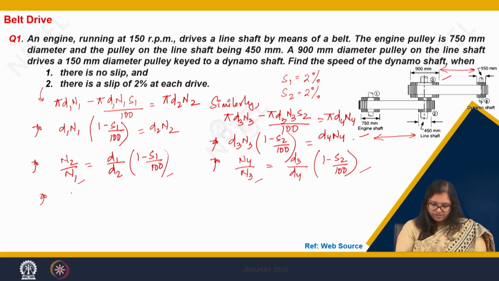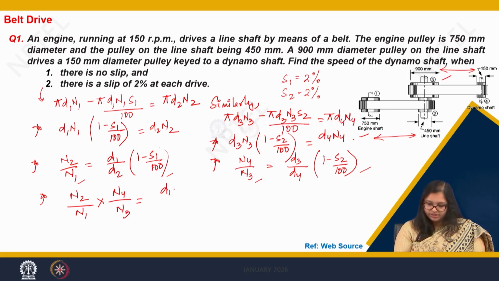So finally our equation looks like N2 by N1 multiplied by N4 by N3 is equal to D1 multiplied with D3 by D2 multiplied with D4, (1 minus S1 by 100) multiplied with (1 minus S2 by 100).